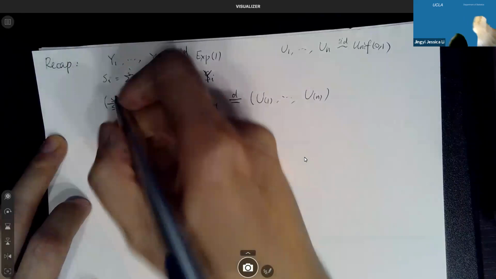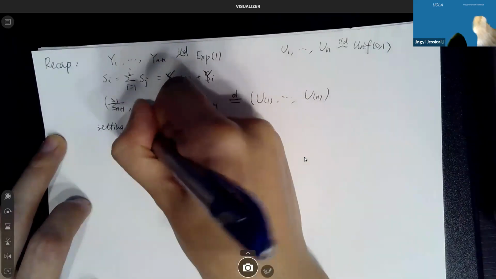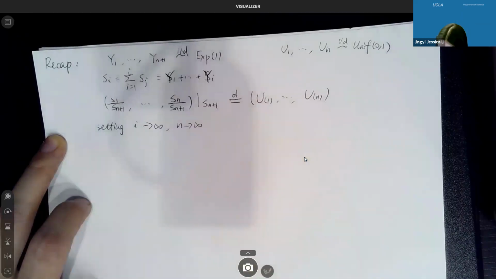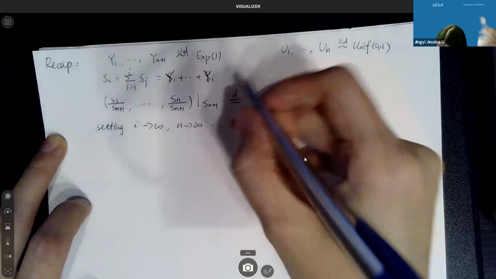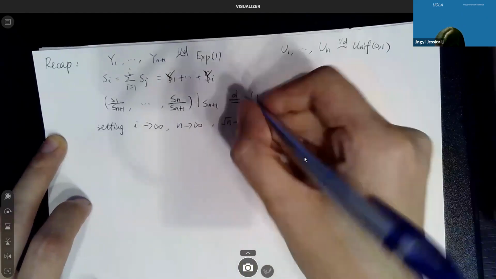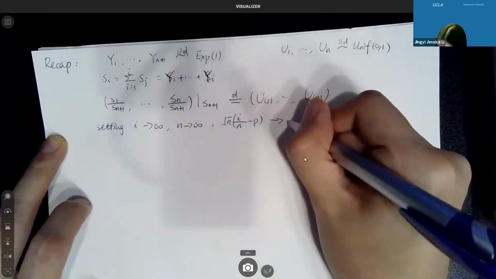So the setting is that i goes to infinity, n goes to infinity, but we actually require root n times (i over n minus p) to go down to 0.